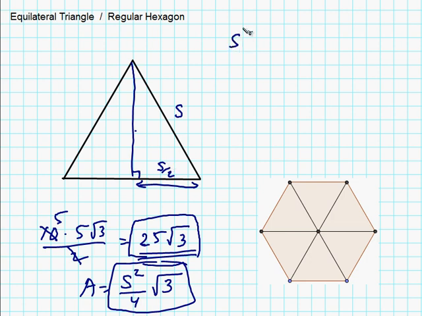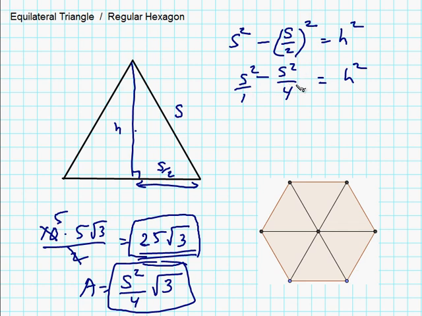So I have s squared minus s over 2 squared. And that's going to give us h squared. Okay? Well, s over 2 squared is s squared over 4. This is s squared over 1.